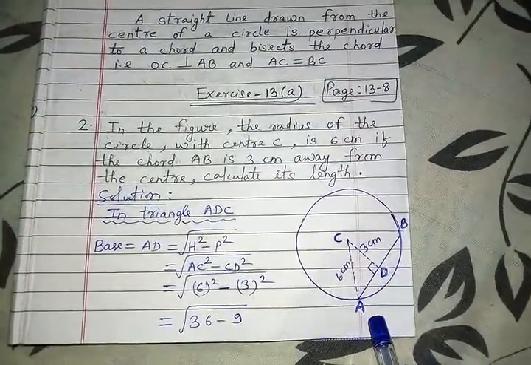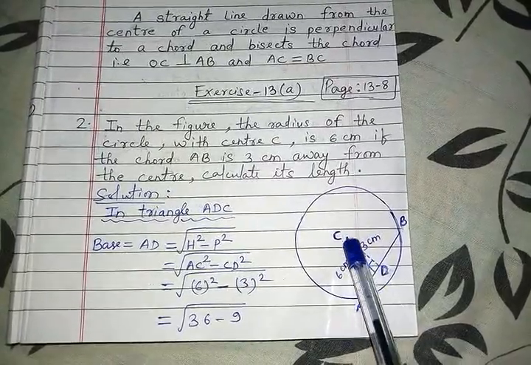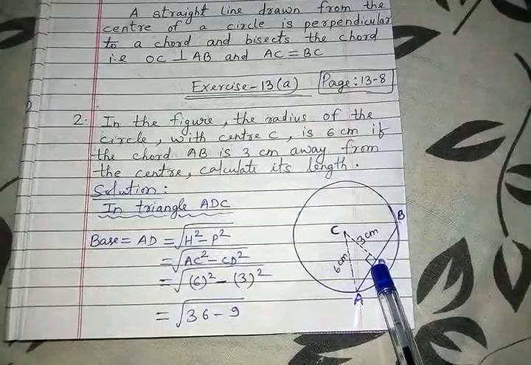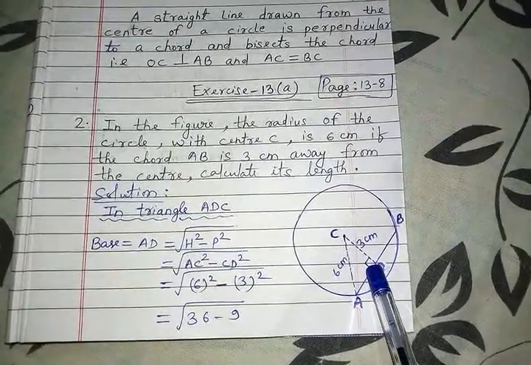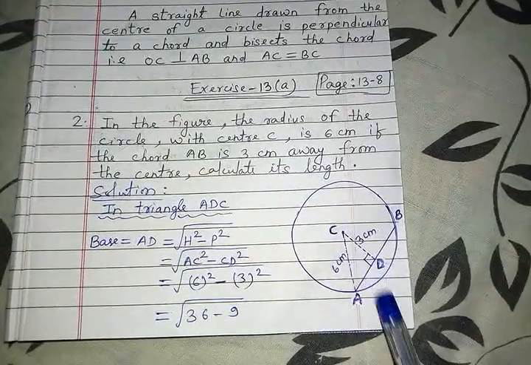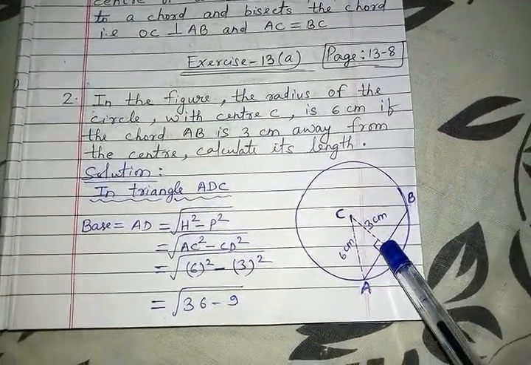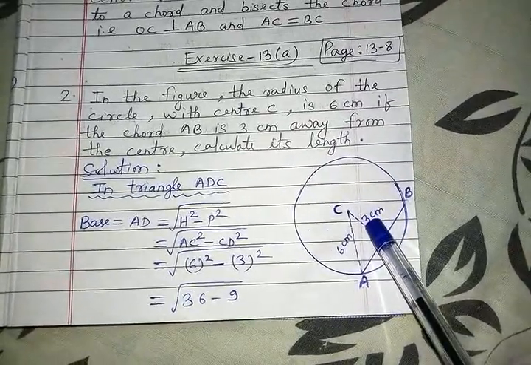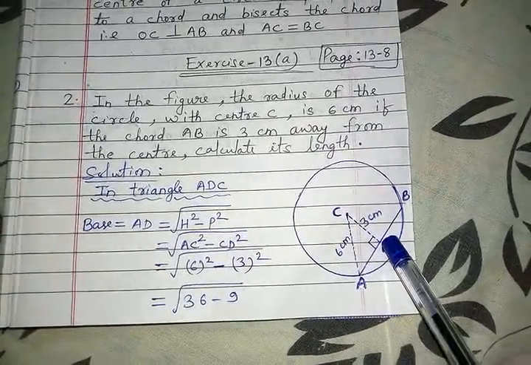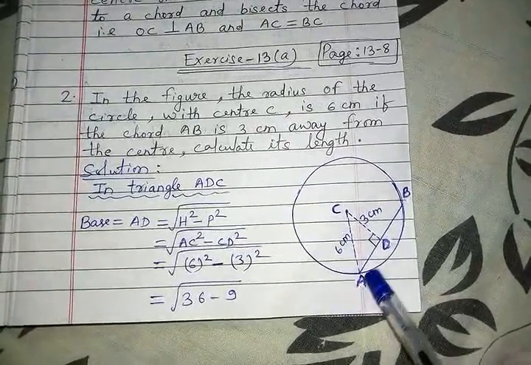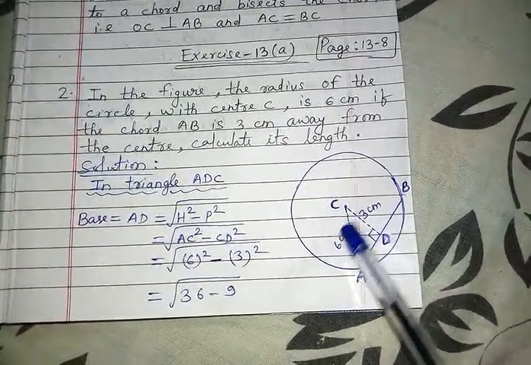As you all know, whenever a line comes from the center, it is perpendicular to the chord. So a 90 degree triangle, a right angle triangle, has been formed. CD will be our perpendicular, AD will be our base, and AC will be our hypotenuse. We will try to find the base because the other two are given.